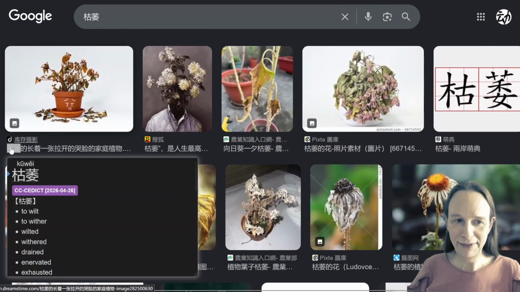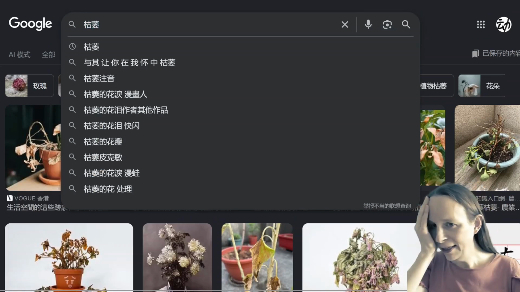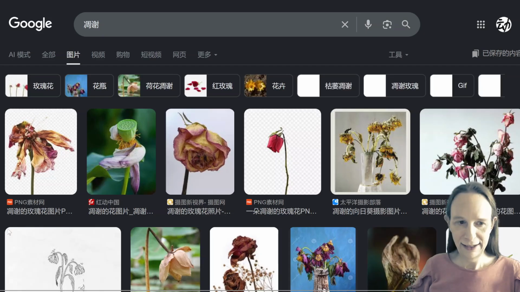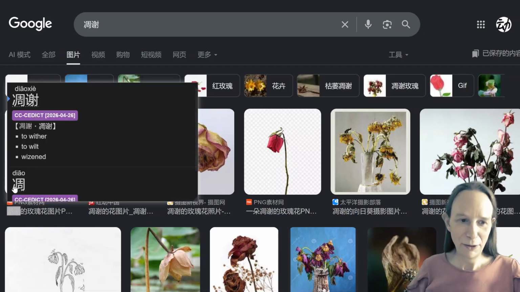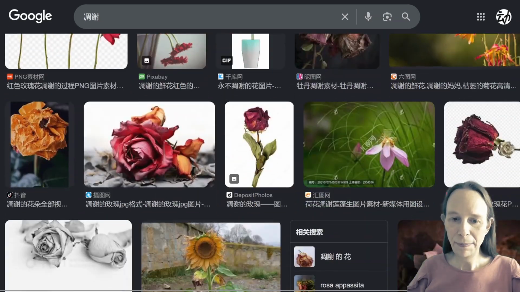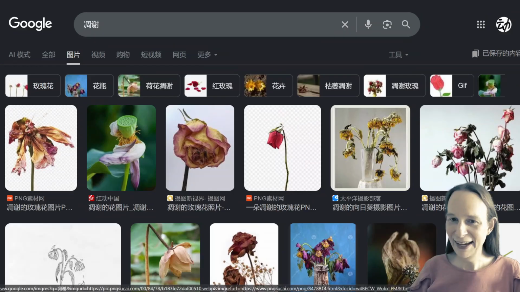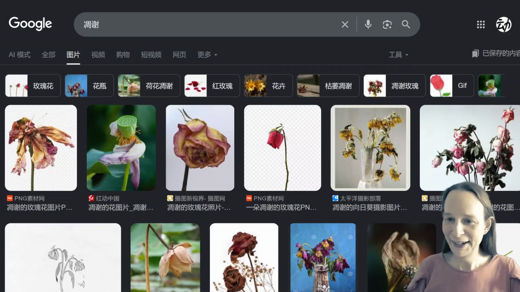I don't recall ever seeing it other than plants. There's another one, 凋谢. Wither, wizened. I don't know that one, but 凋谢 is withered. Yet another one. Yeah, what's the difference? I don't know.